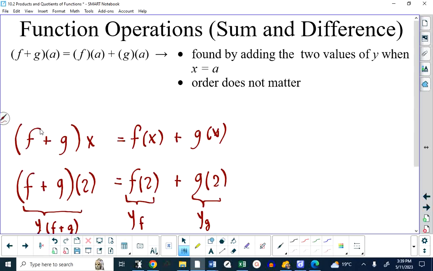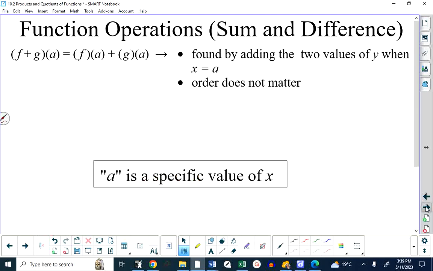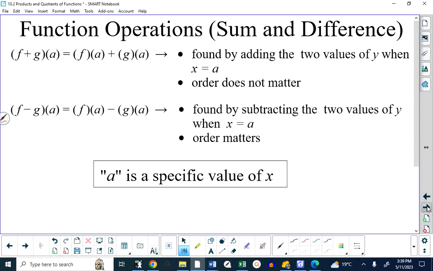To find the y coordinate on f plus g, you're going to be adding the y coordinate on f to the y coordinate on g. That's all this statement is saying. A is a specific value of x. And similarly, we could go through the same explanation with the difference. I'm not going to. F minus g quantity of a will be f of a minus g of a, where a is a specific x coordinate.